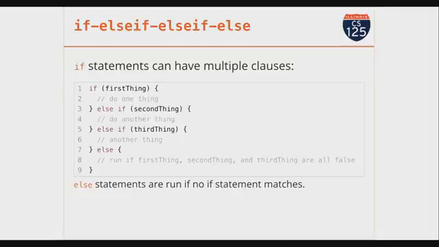If you don't have an else statement, and you're not required to have one, then it's possible that your if-else statement will do nothing. It'll evaluate the first condition, second condition, third condition. It's possible they're all false. And if they're all false, nothing happens, and I just keep executing the code below the block.